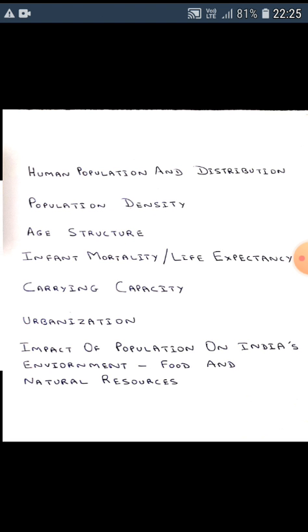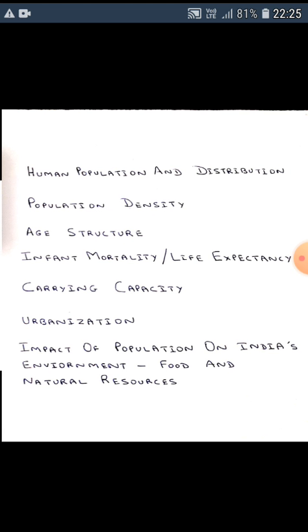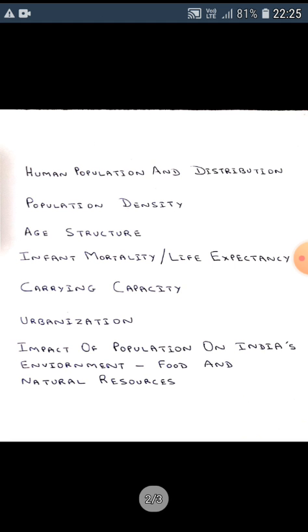Whether a population is increasing, decreasing, or stationary is estimated from age specific fertility rate. The fertility rate for India is about 3, while that for developed countries is 1.5.